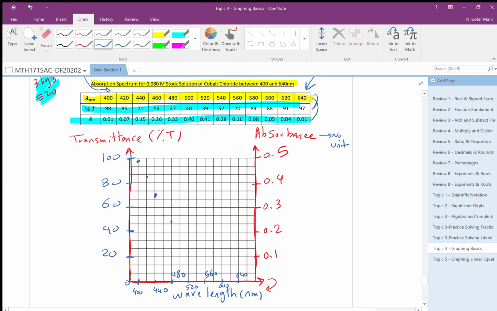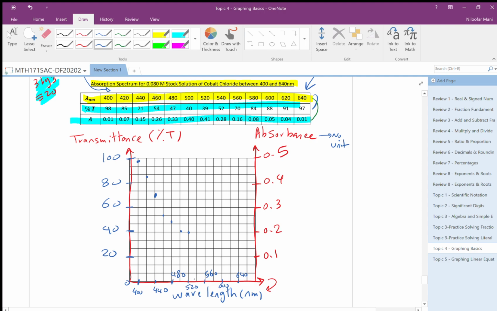Okay, so the next one, 540. Okay, 540 is here, right? 520 and 39, so it's a little bit just lower than that. Just very small difference. Okay, 540 and 52. Okay, so now I start to go up.